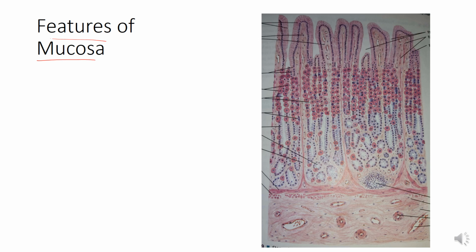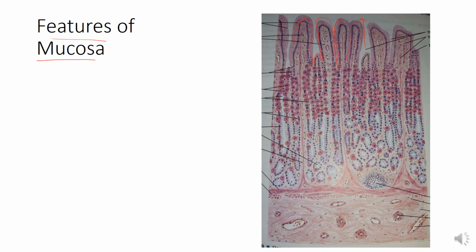So you can see here, this is the simple columnar epithelium lining and it is deeply invaginating inside the lamina propria. These invaginations form millions of gastric pits, each with an opening to stomach lumen. So these pits are opening up into the lumen of the stomach.